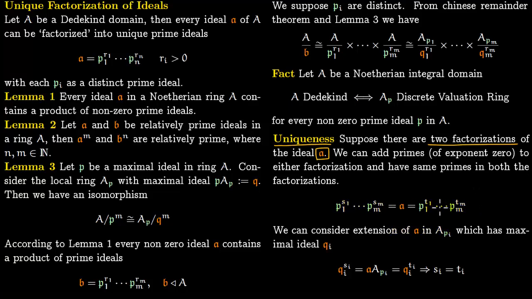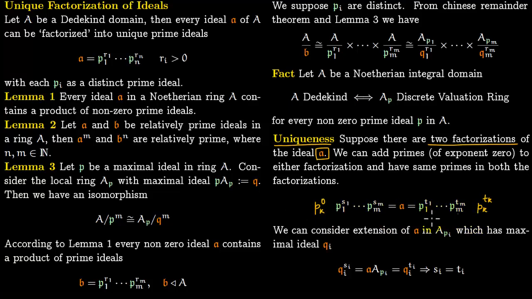First thing you do is make sure you have the same number of prime factors on either side. Say if you have some p to the k with some power tk in this factorization, and this pk does not occur here, you put this pk here and raise it to the power of 0. So you have the same number of prime factors on either side.